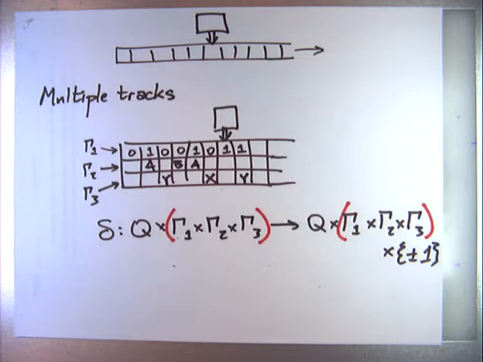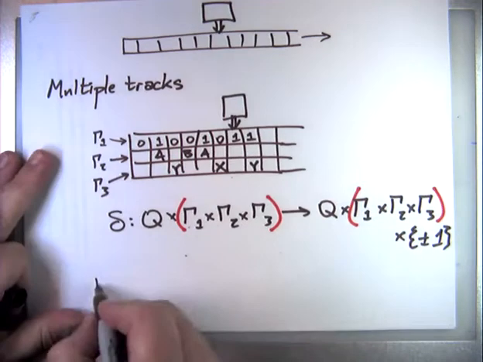It's not an extension at all of the model. But for the sake of intuition, it's often useful to imagine that we can divide the tape up into these independent tracks, in particular because this allows us to do things like the following.